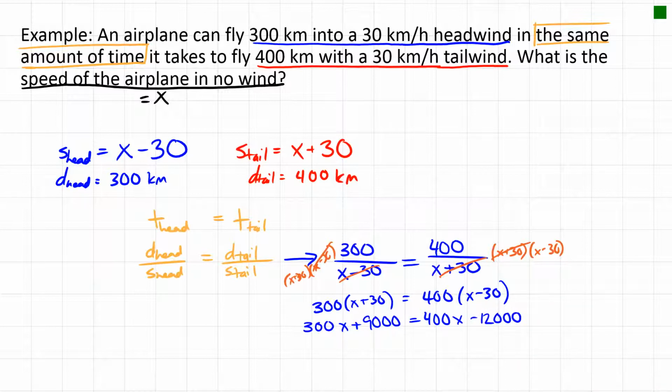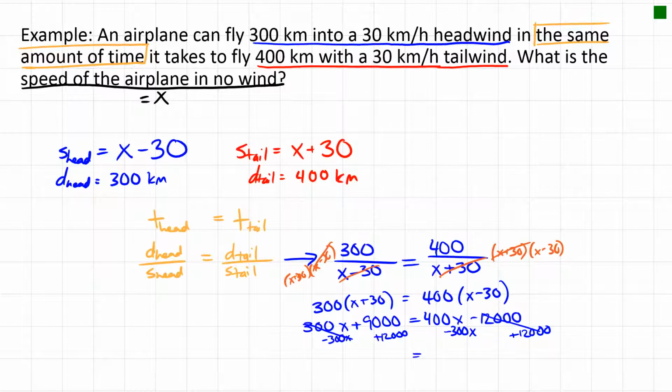And now rearrange this for x. So I'm going to subtract 300x from both sides, and I'm going to add 12,000 so that I'm isolating that x. So those are gone, those are gone.